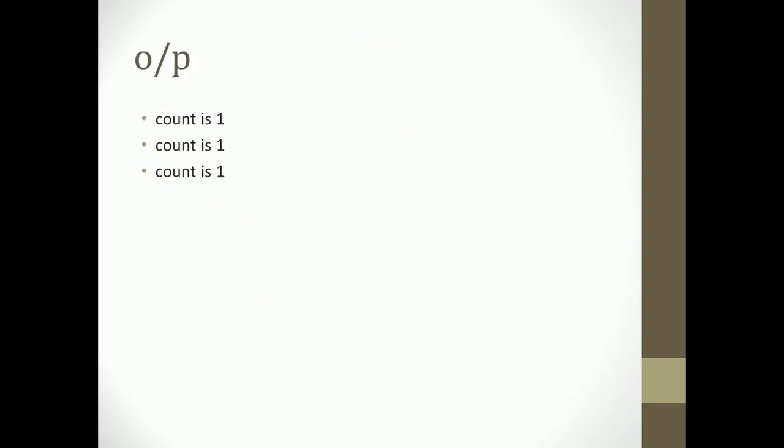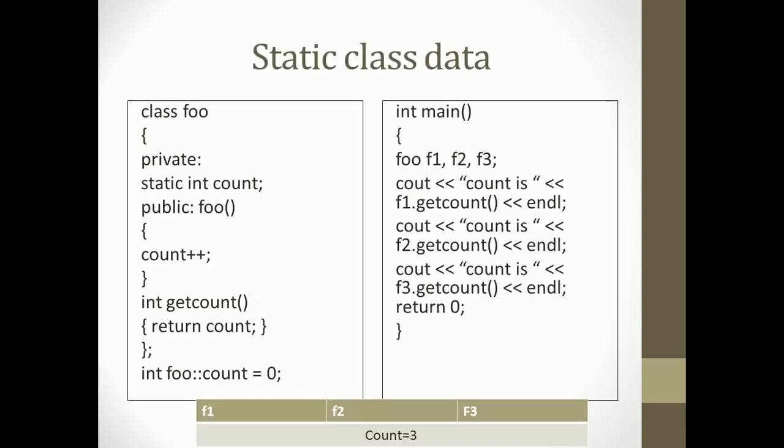Suppose in the same program you are using static class data, you will use a keyword called static in front of int count. The only change you would make is static here. Now coming to your int main, FOO F1, it again comes to your constructor and sees count, but it checks that it is static data.